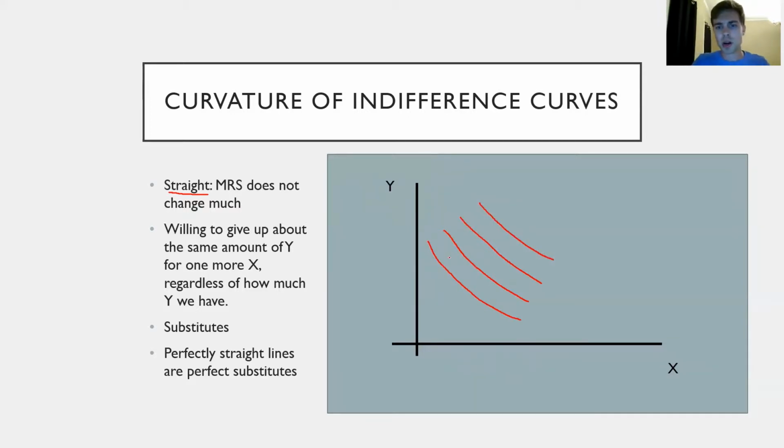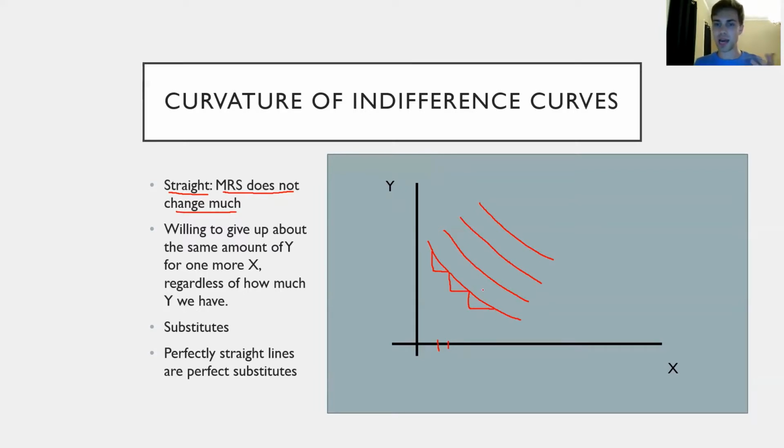Okay, so one thing you can notice is that the marginal rate of substitution does not change a lot throughout the curve, right? So what I mean by this is that the slope, so one more additional unit of X, we have to give up about the same amount of Y for each additional unit of X. Now it does change a little bit, but not by a lot throughout the curve.